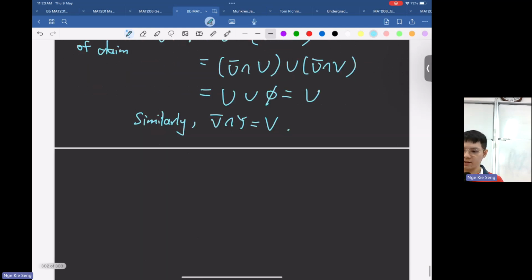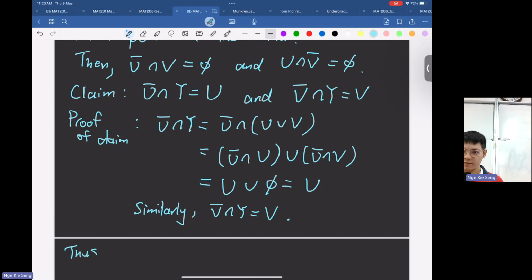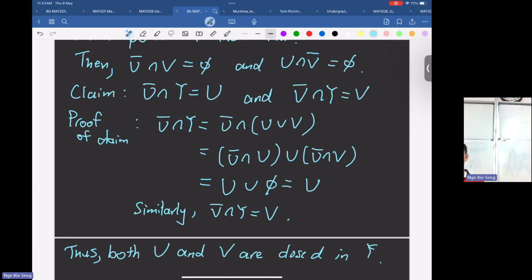So what does this mean here? Thus, by definition or by some proposition, U and V are closed in Y. This is what we proved last time: the closure of U in Y is equal to the closure in X intersected with Y. You should check it out.